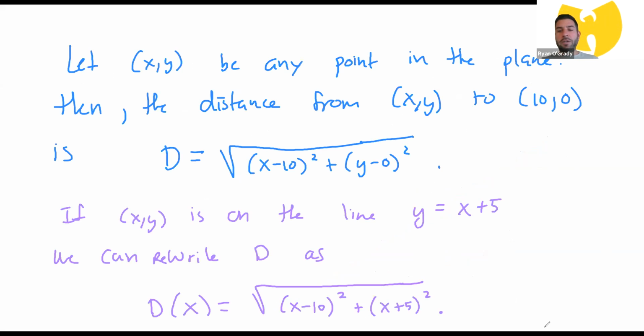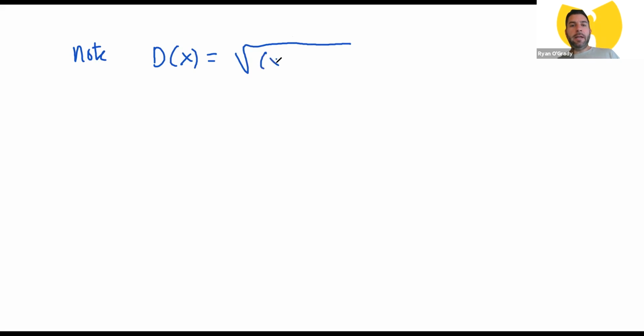Okay, so this is our function. We want to minimize it. So what we're going to do is first rewrite it. Note D is a function of x. So it's the square root, and inside I had x minus 10, let's write it out again, let's do the algebra together, squared plus the quantity x plus 5 squared.